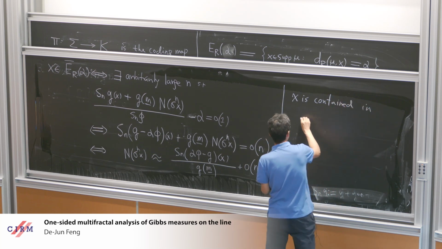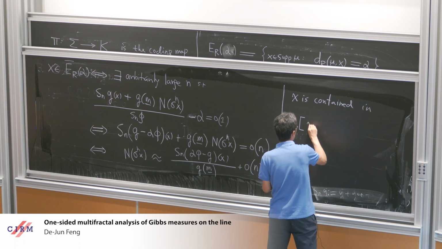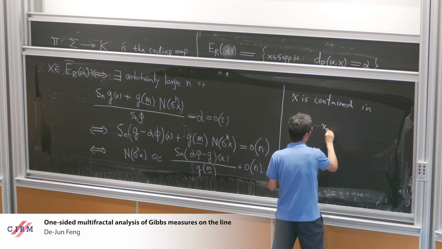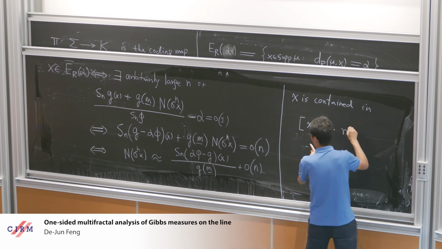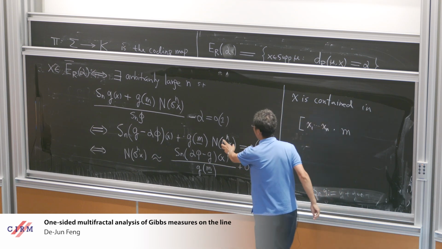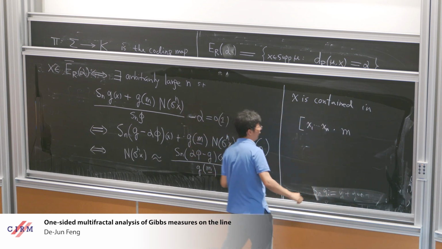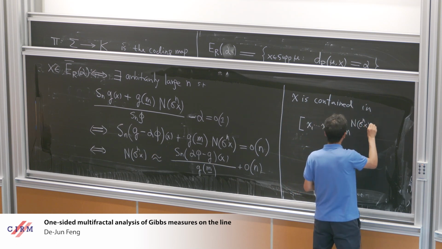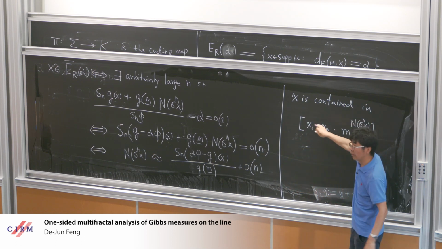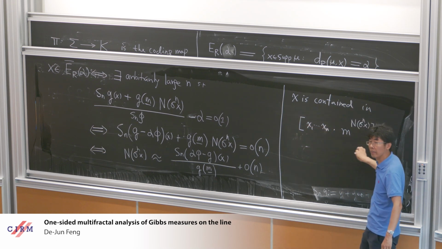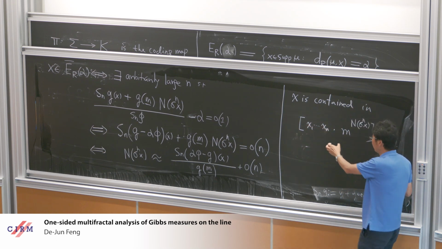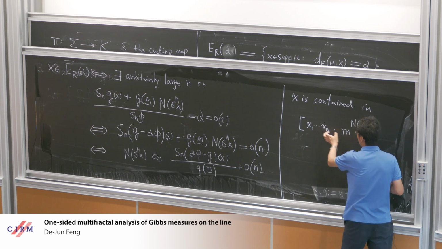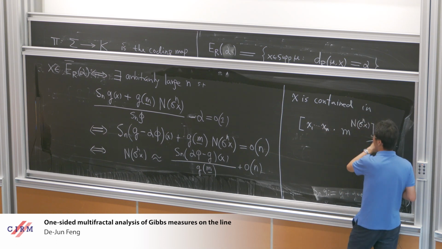The symbolic x is contained in this cylinder x1 to xn, then m to the n sigma x.